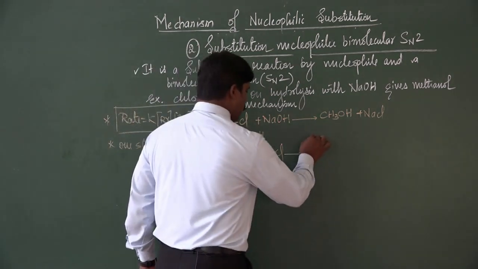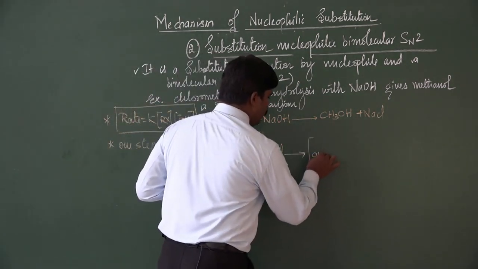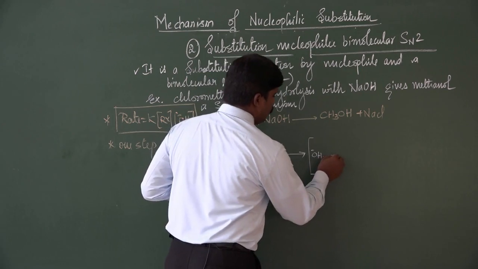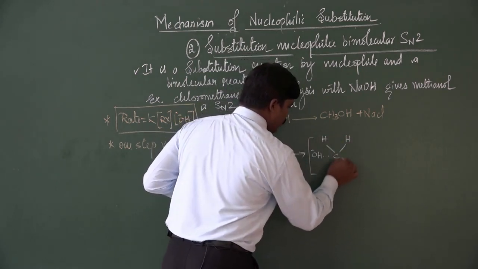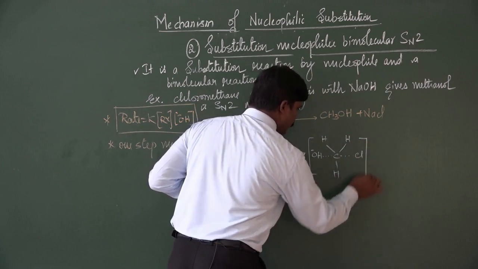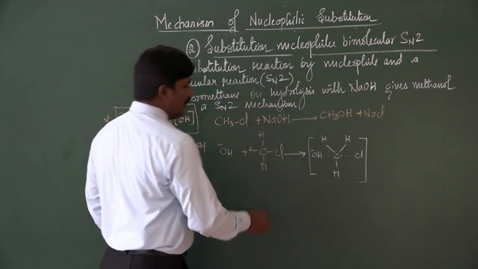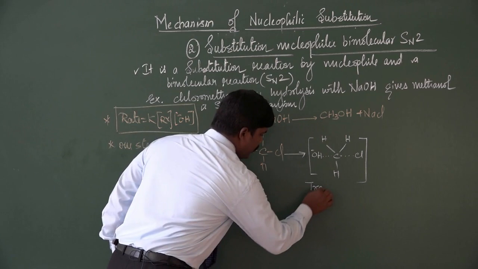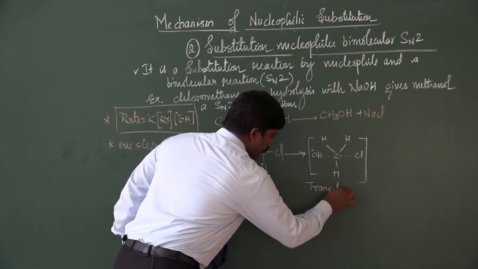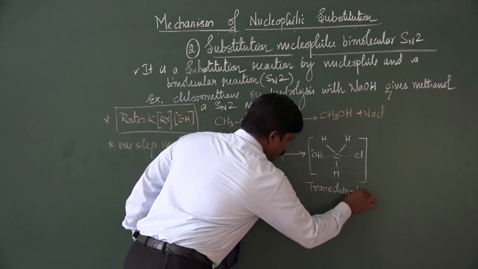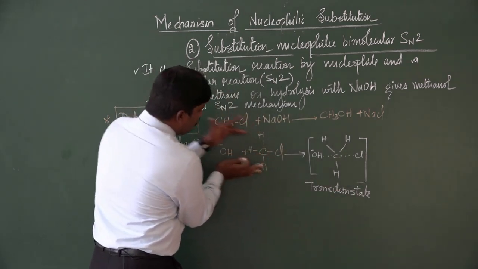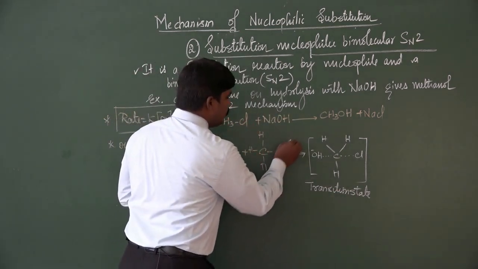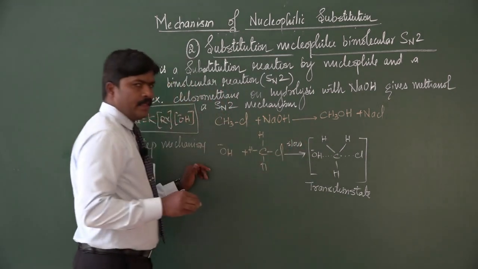So what happens here is the OH minus, H and H here, Cl. And this is called the transition state. To come to this state, the reactants involved are chloromethane as well as a nucleophile. This is a slow step, moving very slowly.